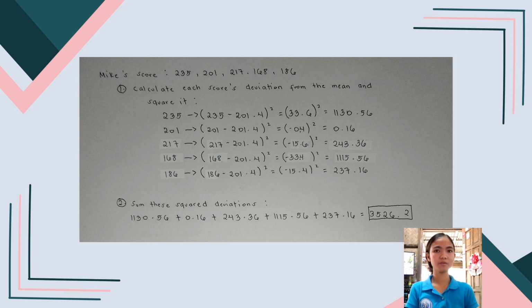Tapos yan po yung kinalabasan. Tapos sa sunod naman po is sum the square deviations. So ganun, pinag-add-add lang din po, kaya naging 3,526.2. Katulad lang din po nung kay Katie's score, ganun. Yung number 2 niya is pinag-add po. Tapos yun yung total.